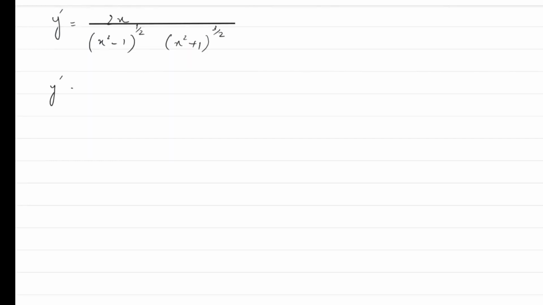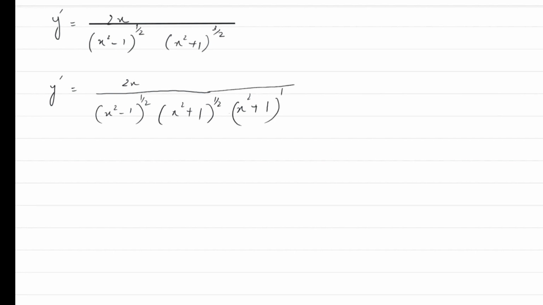Or we can write it as 2x by x square minus 1 raised to the power 1 upon 2, x square plus 1 raised to the power 1 upon 2 into x square plus 1 raised to the power 1.